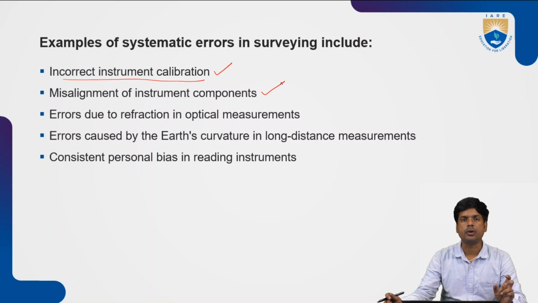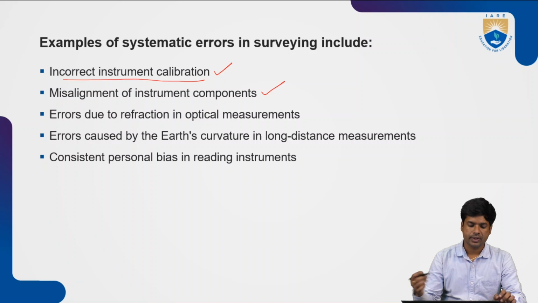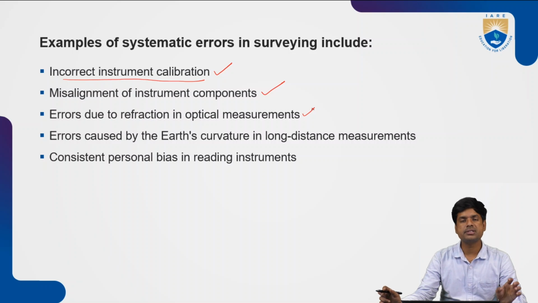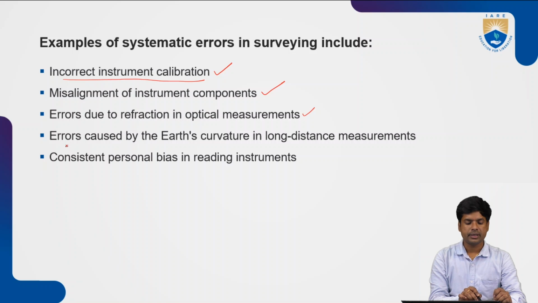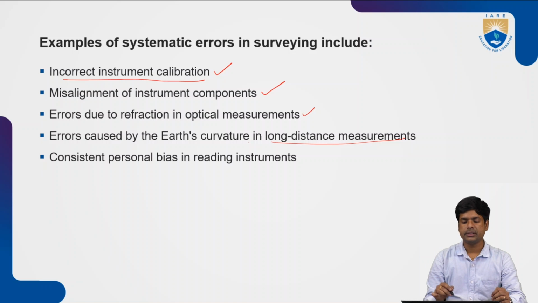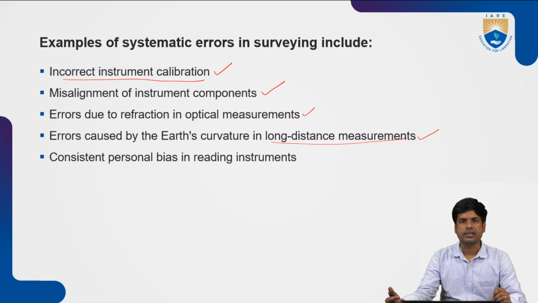If the instrument components are not aligned properly, this is the most commonly occurring error. And next one, errors due to refraction in optical measurements. So there is an effect of refraction in the surveying, and this is also called a systematic error. And errors caused by the Earth's curvature in long distance measurement. We are not going to control this particular error, and we can observe this every time in the surveying whenever you are going to measure long distances.